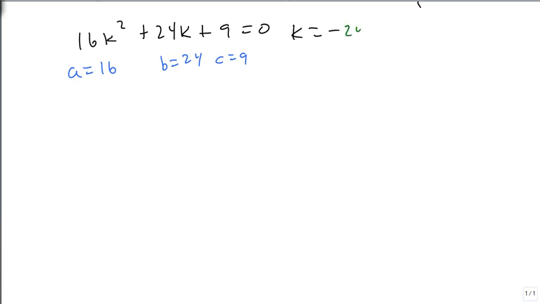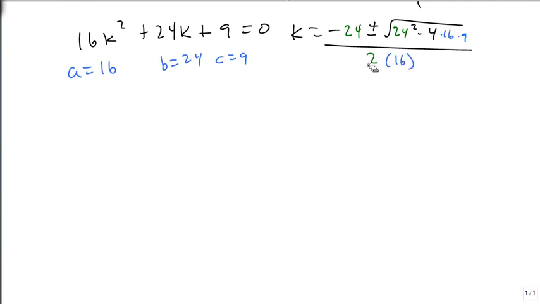Minus 24 plus or minus the square root of 24 squared minus 4 times 16 times 9, all over 2 times 16. That 2 should be black because it's part of the formula.